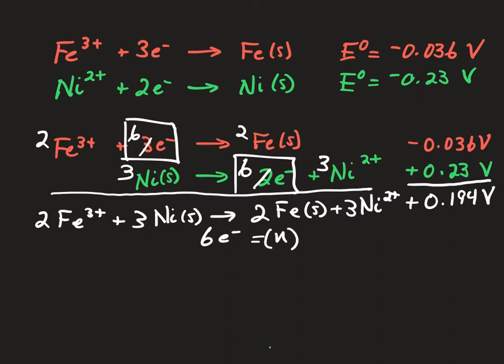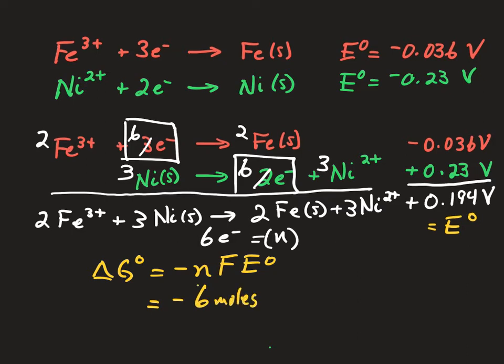So if we want to calculate the delta G, since this is an E0, this is a delta G0. It's going to be minus nFE0, which is going to be equal to minus 6 moles of electrons, there's our n, times 96,485 coulombs of charge per mole of electrons.